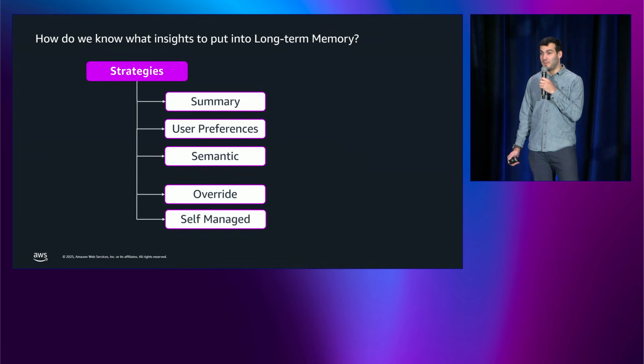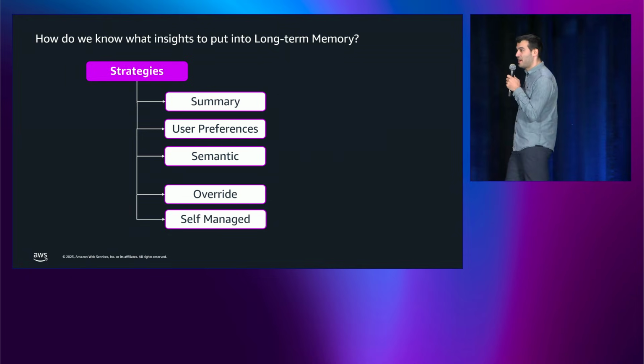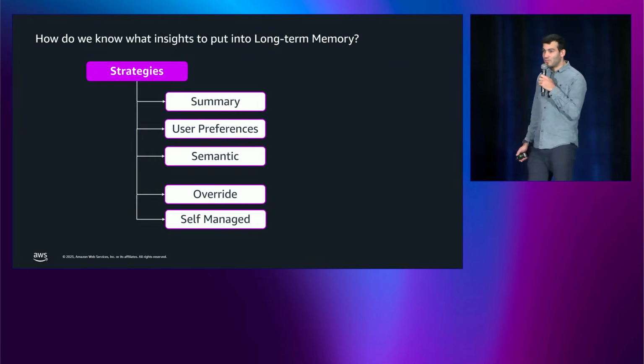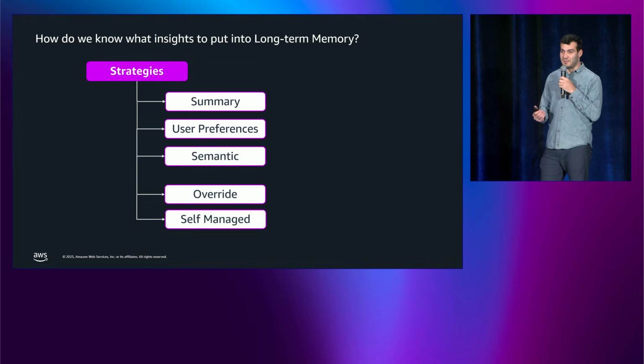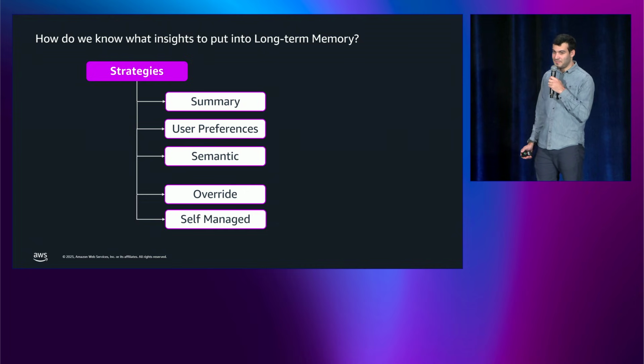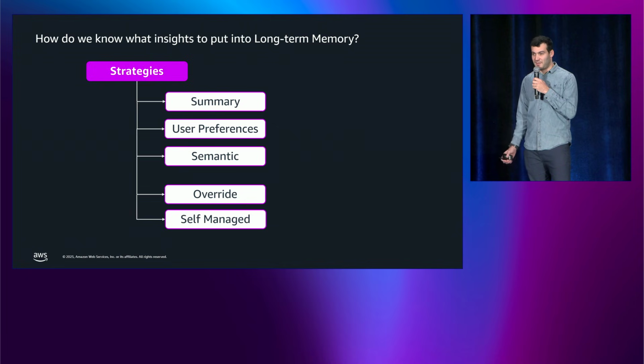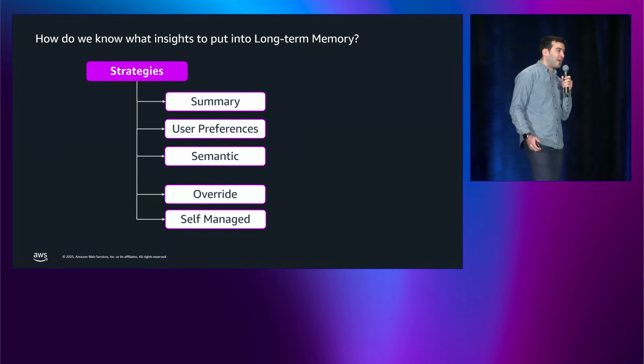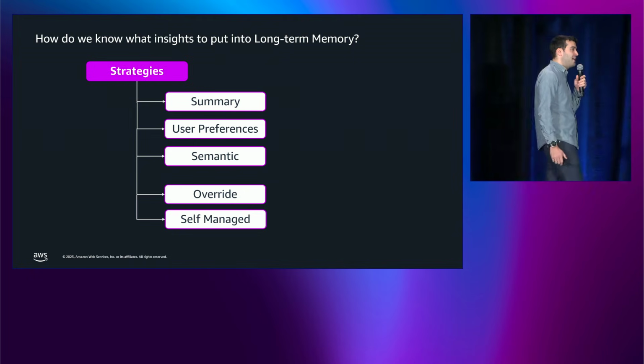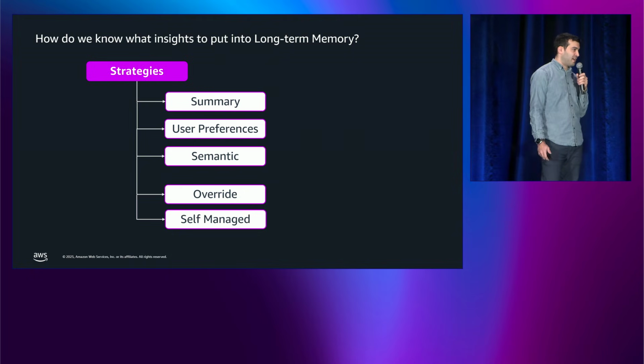Self-managed gives you complete control over the extraction process. So what we do with that is we deliver the events to an S3 bucket and notify you of those. And you can pick up those events, bring them through any sort of processing you want, and write them to long-term memory as memory records via our dedicated APIs.